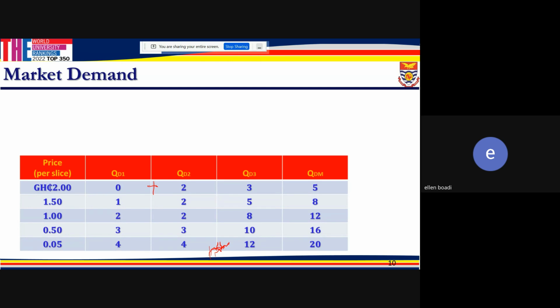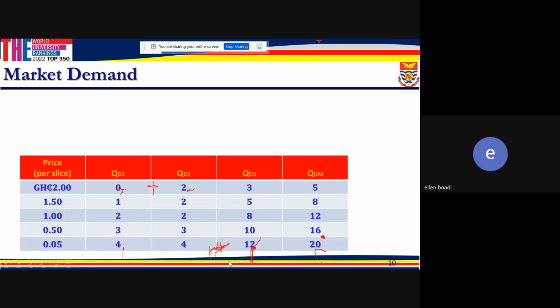Individual 1 bought 0 quantities of bread, individual 2 had 2, individual 3 had 3. So the market demand is 0 plus 2 plus 3, and that gives us 5. That is what we are dealing with.